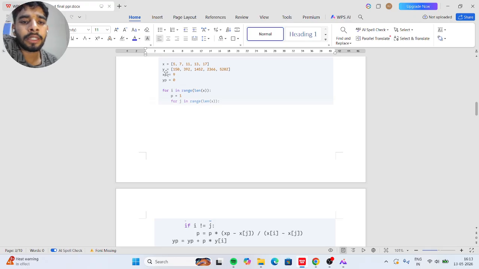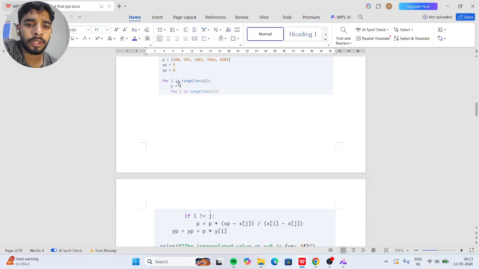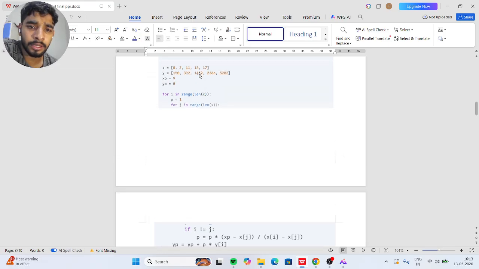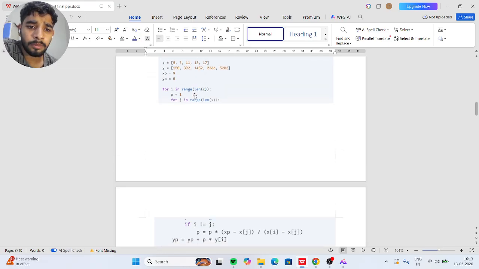Here we will take arrays x and y, and the value to be interpolated xp equals 9 and yp equals 0. For i in range of length of x, p equals 1.